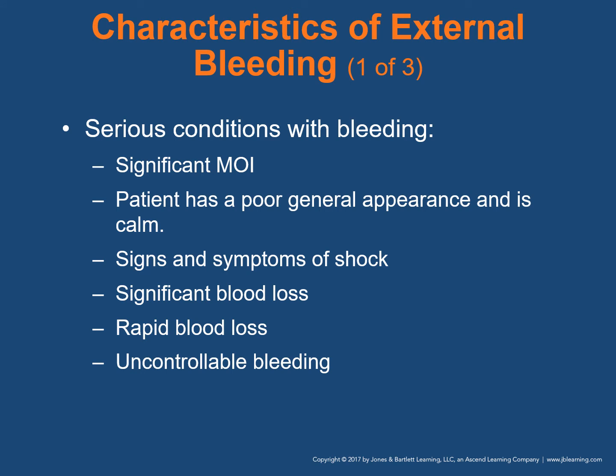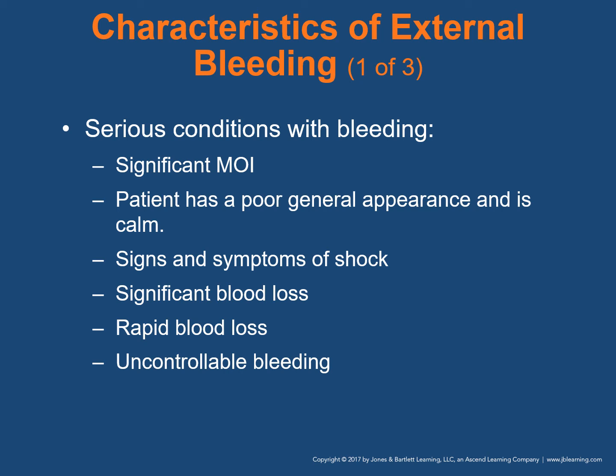So where will we see external bleeding? A significant MOI is when I'm going to consider the potential. A patient with a poor general appearance that is calm, someone who has external bleeding, I would hope that if you saw significant blood loss from yourself, you'd start to get upset, maybe a little anxious. So if you're not anxious, obviously that's a problem.